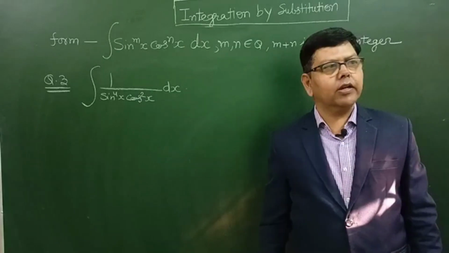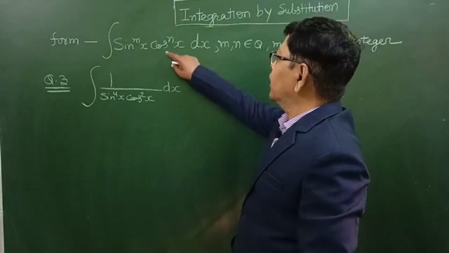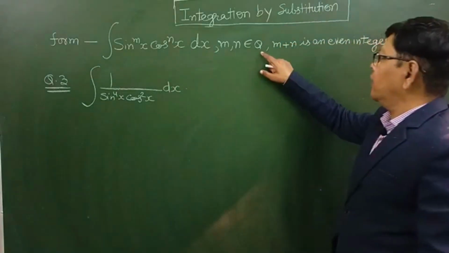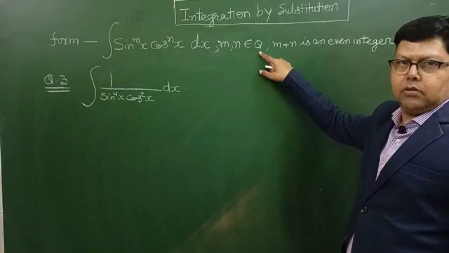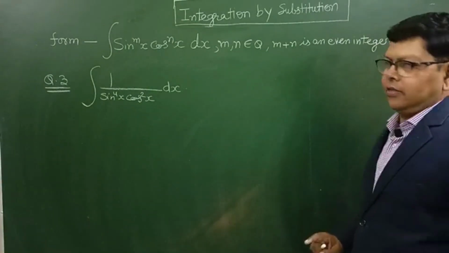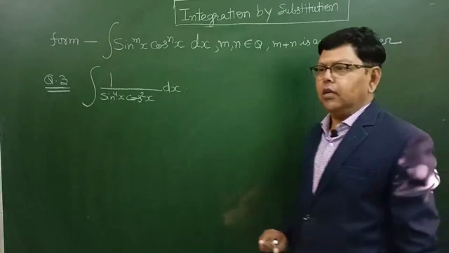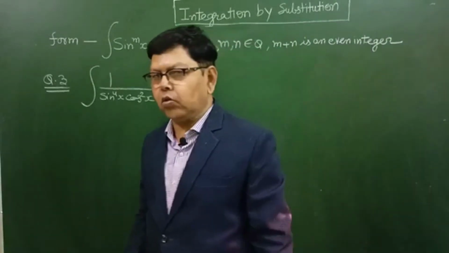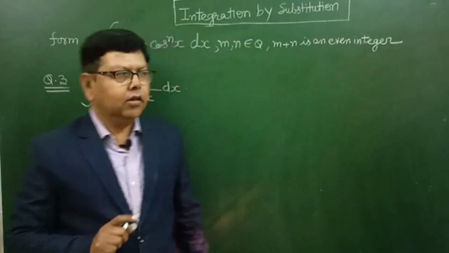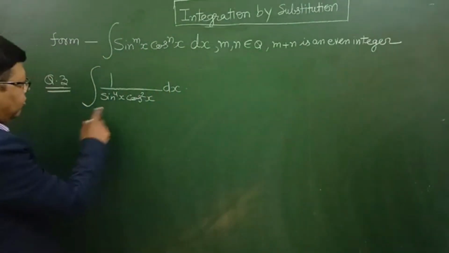Next type in this category: if the integral is of the form sin^m x cos^n x dx, and m and n are rational numbers such that m plus n is an even integer, that is, on adding the exponents of sin x and cos x you get an even integer, then the technique, now I will tell you.